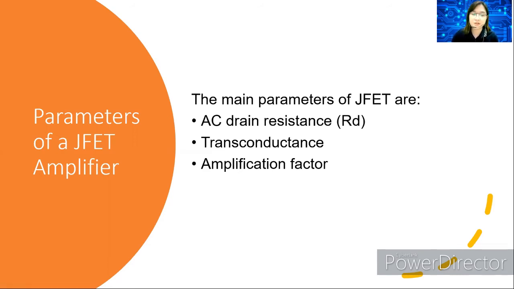So it can be expressed as RD equals delta VDS over delta ID at constant VGS.